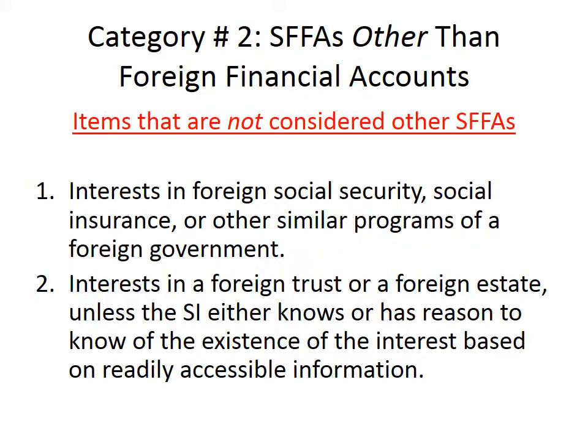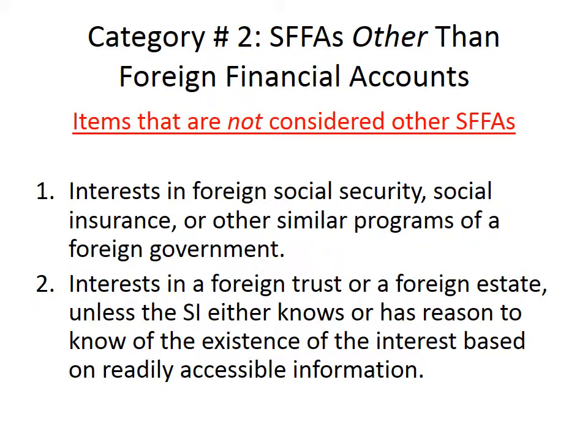So first item that is not considered an other specified foreign financial asset: interest in foreign social security, social insurance, or other similar programs of a foreign government. Interesting. Very interesting. That might go against what you might otherwise have expected to meet the definition of other than foreign financial accounts.